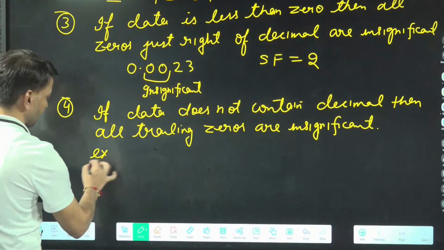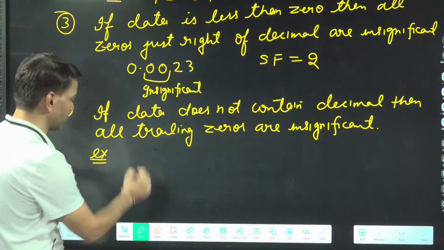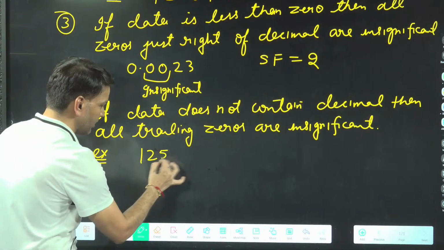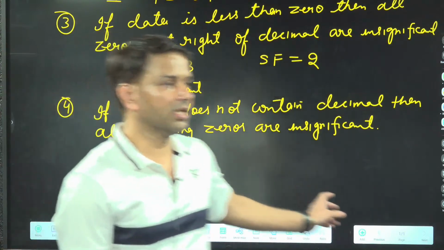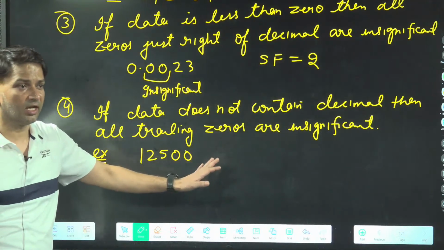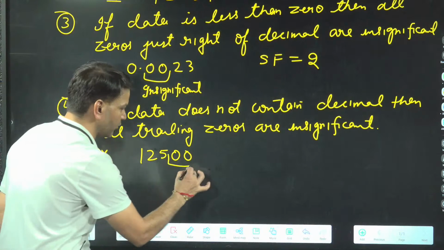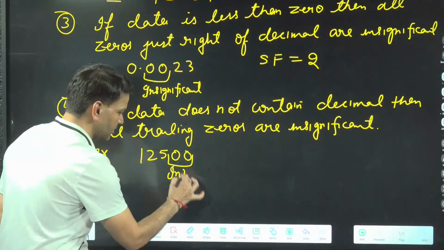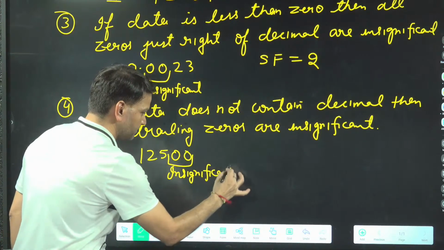But the condition is that the data does not contain a decimal. Like suppose I am saying 12500. In this, after the last two zeros no non-zero digit is there, and this data does not contain a decimal. So these 2 zeros we will take as insignificant.